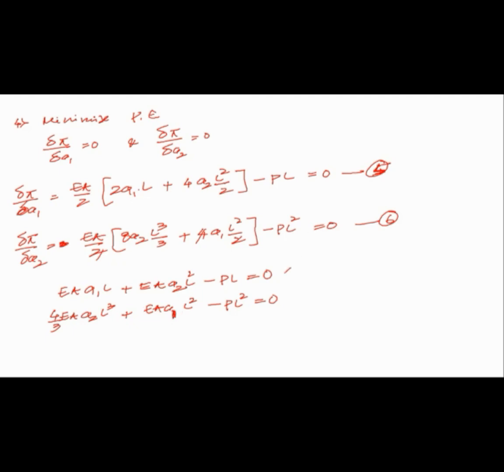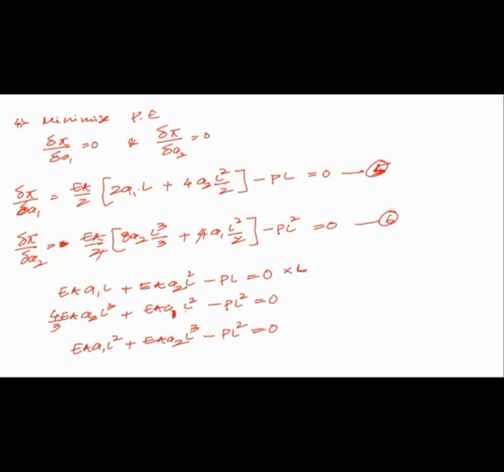Therefore, I'll multiply the first equation throughout by L so that some of the terms will get cancelled. So it is EA A1 L square. This L into L becomes L square, plus EA A2 L cube, because L square multiplied with L becomes L cube, minus P into L square. L multiplied with L becomes L square, is equal to 0.